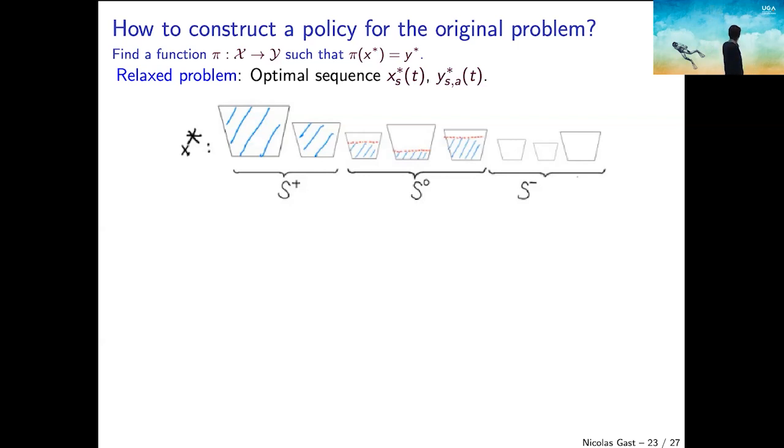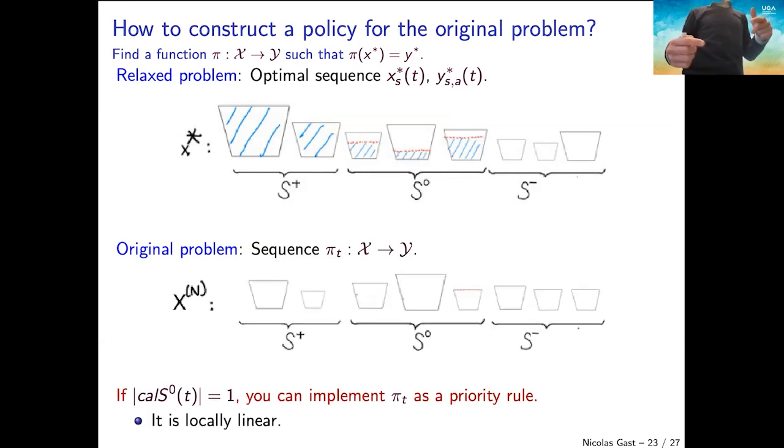And here it means that I activate everyone, and here I activate only a fraction of this. Another thing is that now you want to define a control policy, but the problem is that in practice, x_N, you see that the size of the boxes will be different compared to the size of these boxes here. And the question is how to adjust this.